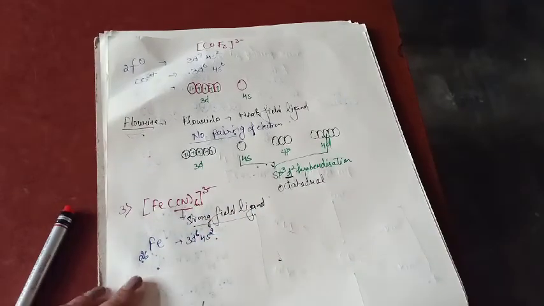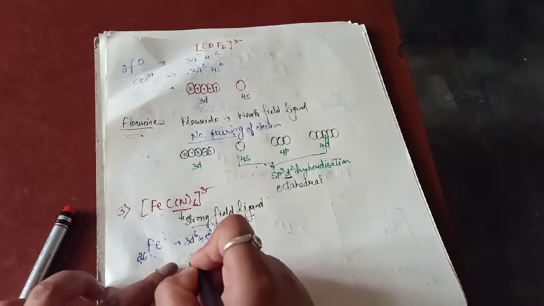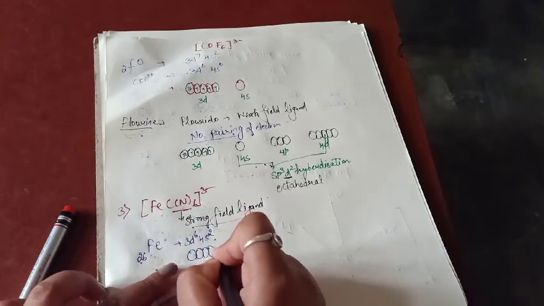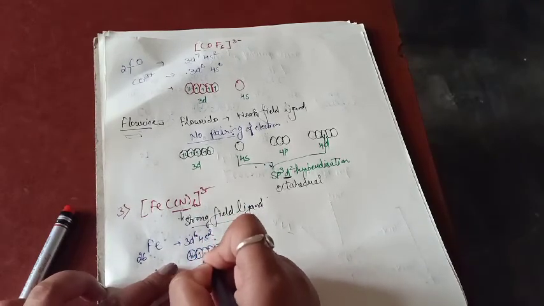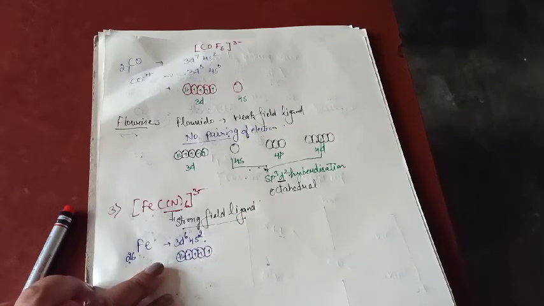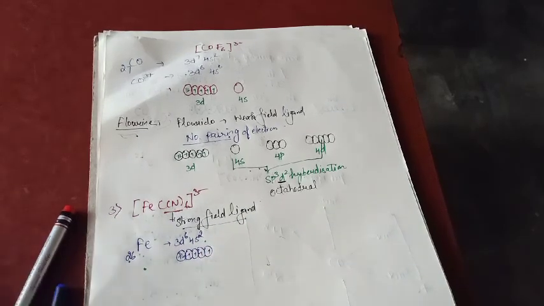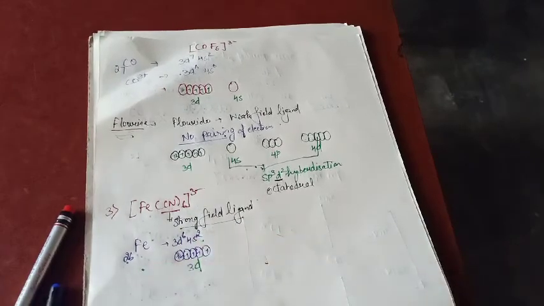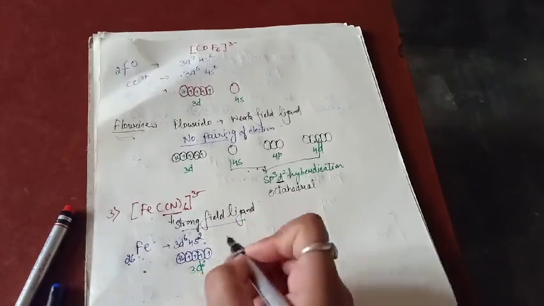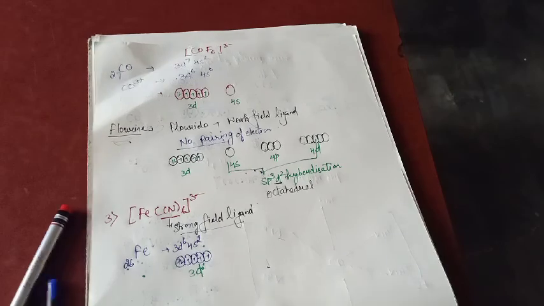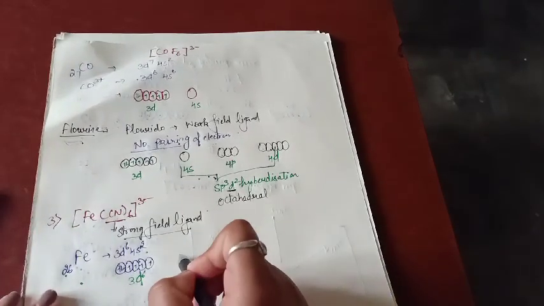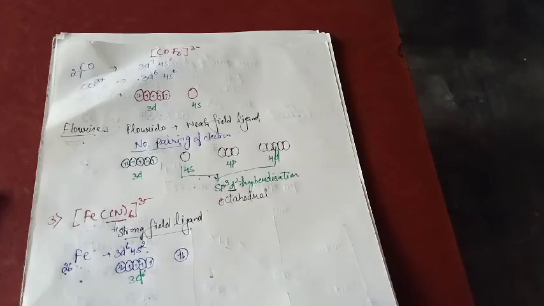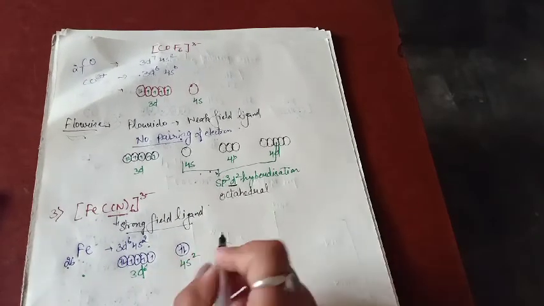This will be the electronic configuration. Accordingly, see 1 2 3 4 5 6, this is 3d. After that 3d6, next will be 4s, this will be 4s2. So this is the electronic configuration.